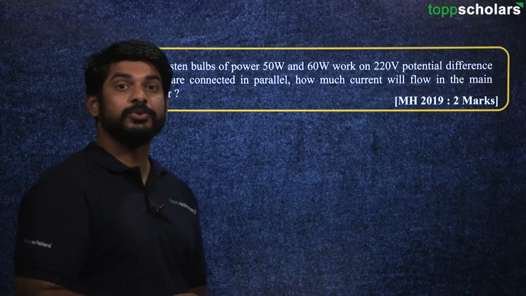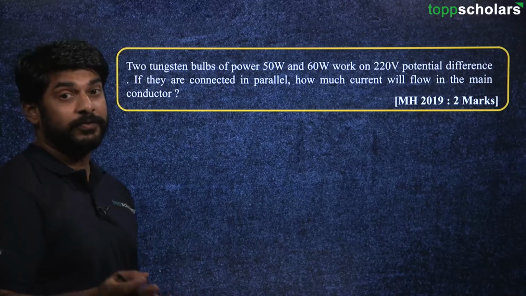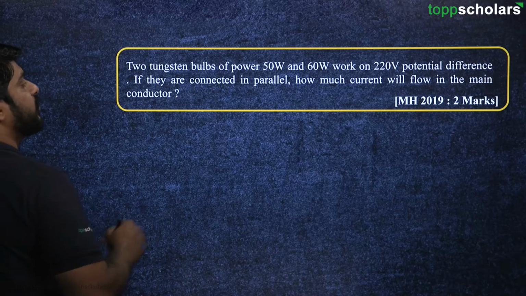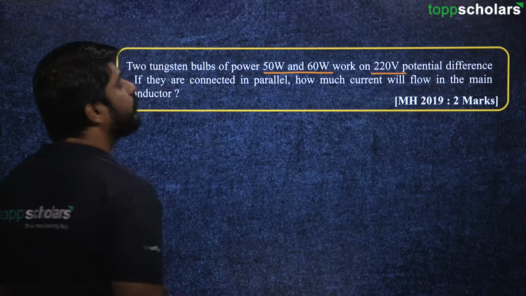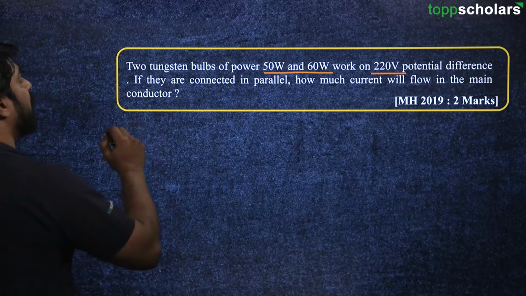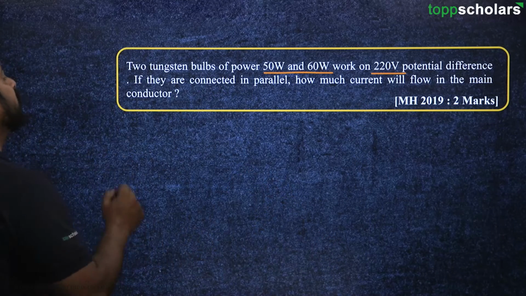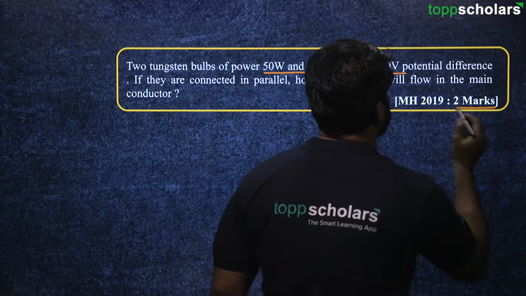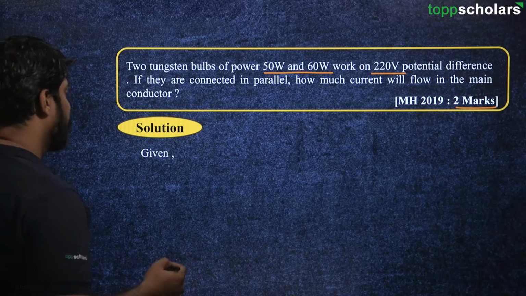Now, what we are going to do is discuss in detail some of the questions that we have already seen. So, here two tungsten bulbs of power 50 watt and 60 watt work on 220 volt potential difference. If they are connected in parallel, how much current will flow in the main conductor? And this was asked for 2 marks in the year 2019. So the solution is very simple.